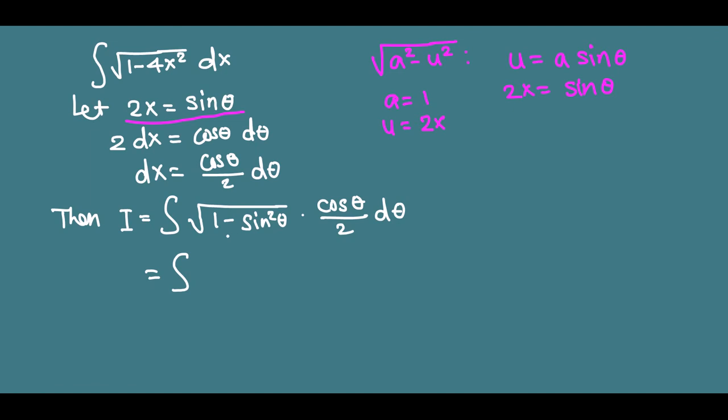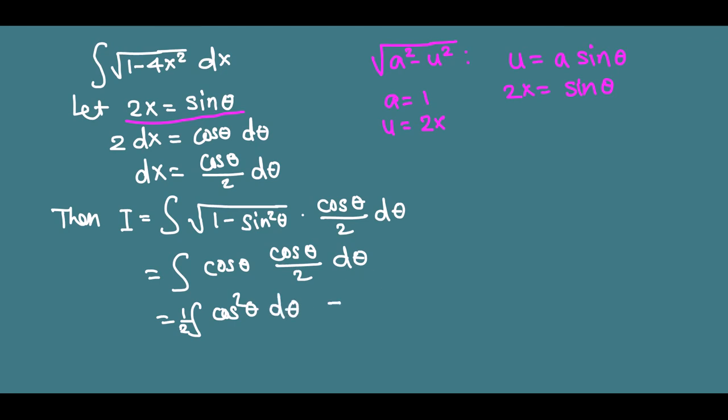Now 1 minus sine squared is cosine squared, and the root of cosine squared is just cosine, so this is just cosine times cosine theta over 2 d theta. We can pull the 2 all the way outside, 1/2, and cosine squared theta d theta.